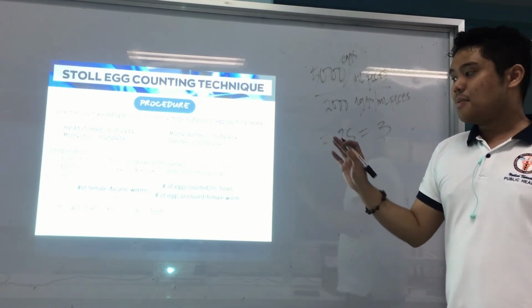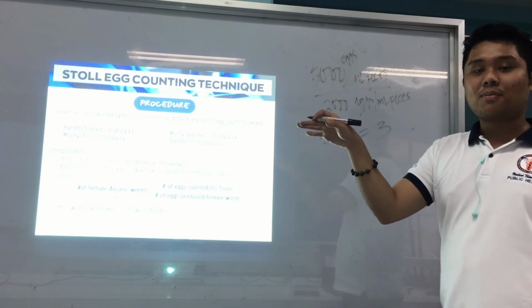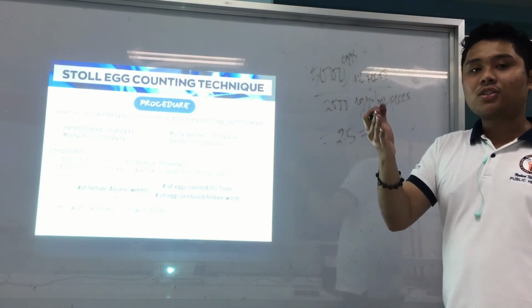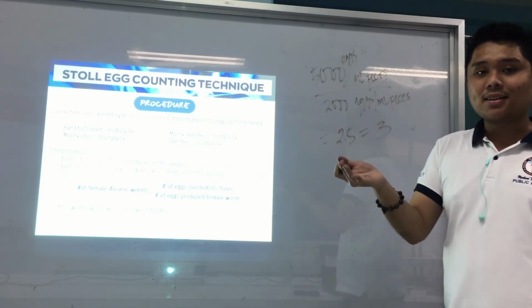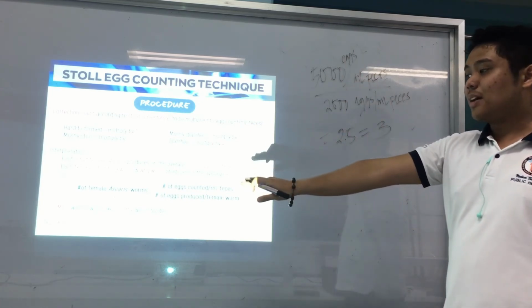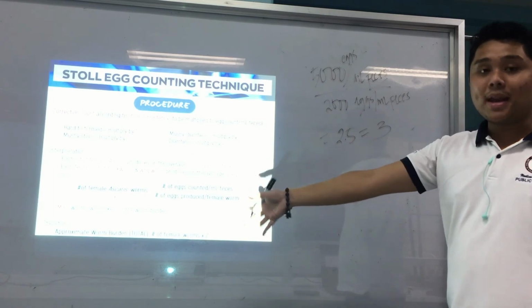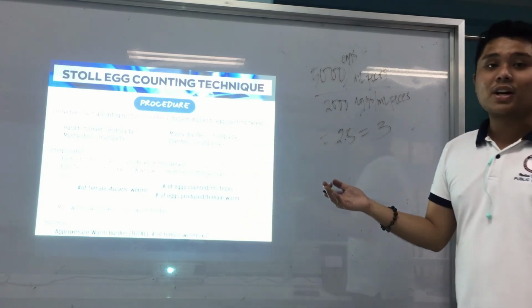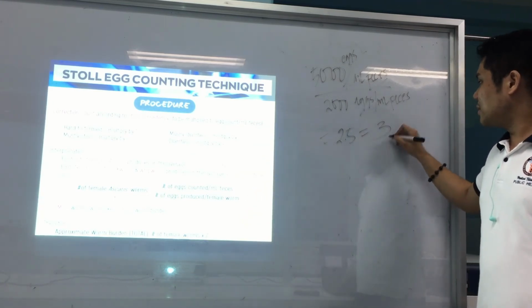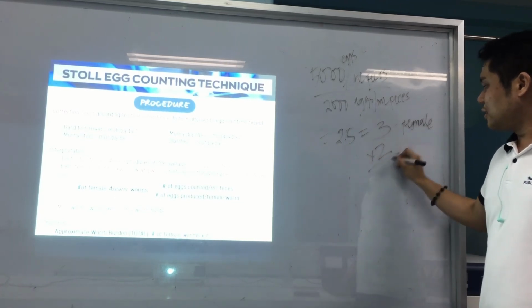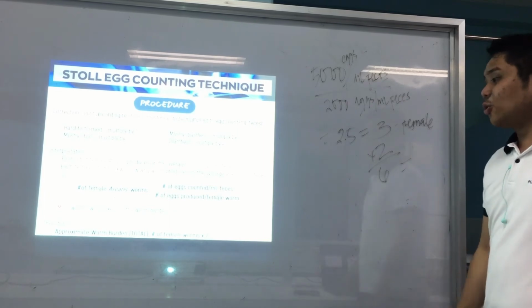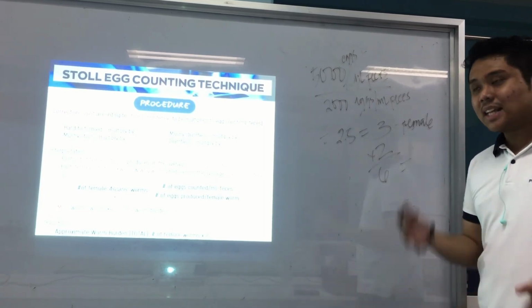And since the male worms make up half of the worm burden, meaning whatever the total number of worms is, half of that is male. So, to determine the total or approximate worm burden, you take the number of female worms and multiply it by 2, and that's now the total worm burden.